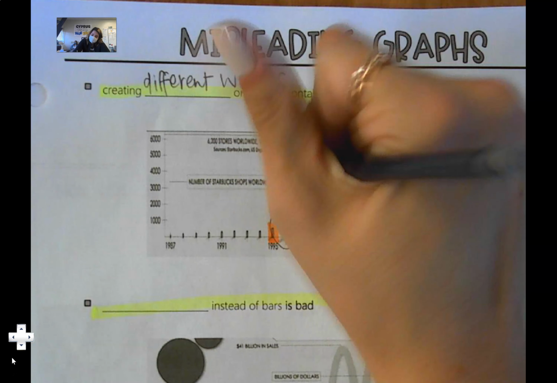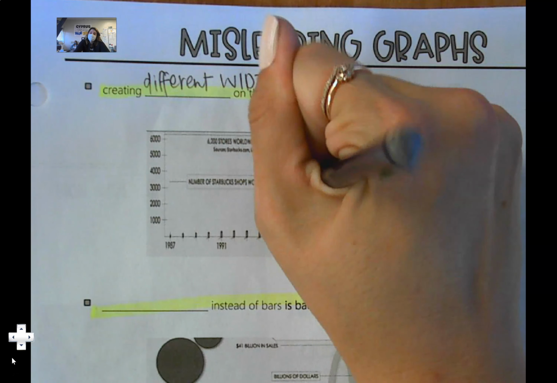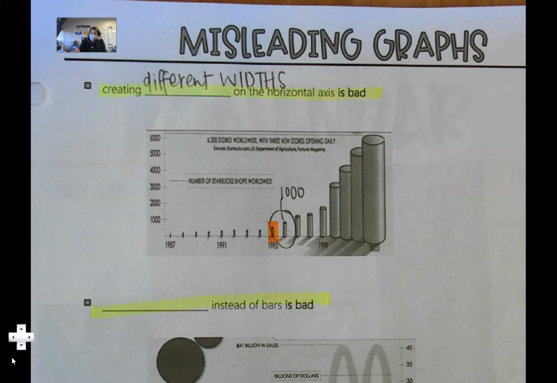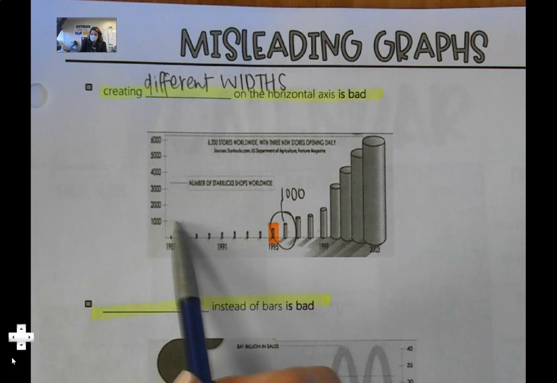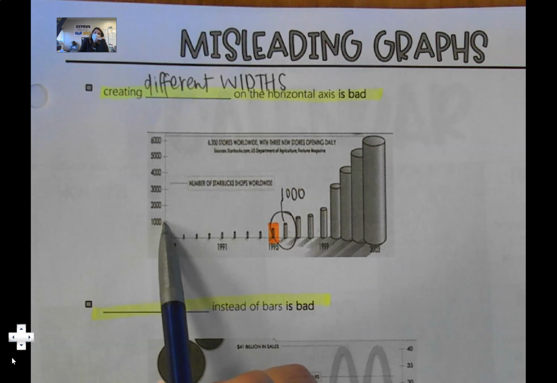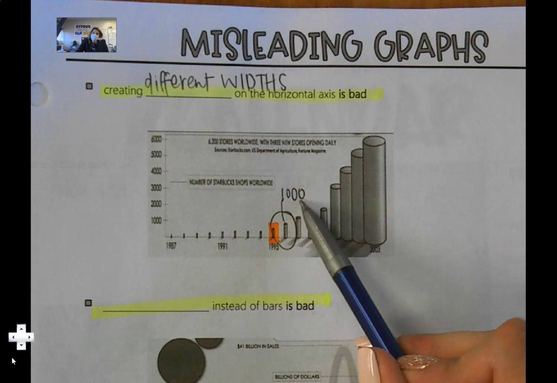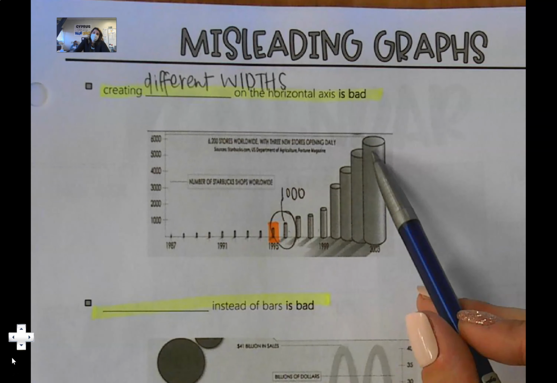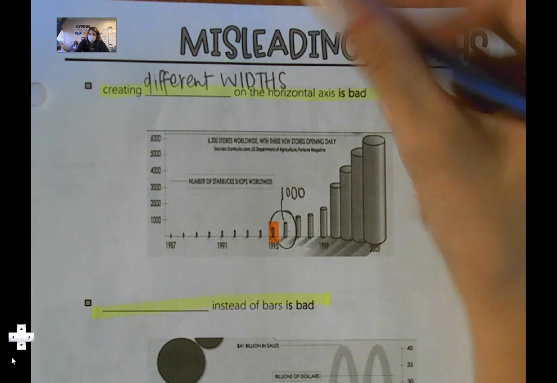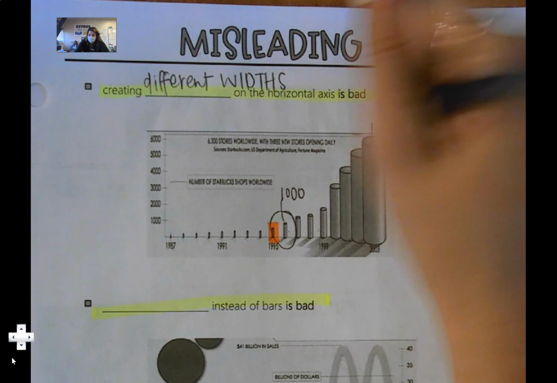So this is approximately 1,000 stores. If you drag this over and look at where it's at on the y-axis, in 1996, Starbucks had about 1,000 stores worldwide. So in 2003, how much was it? About 6,000.